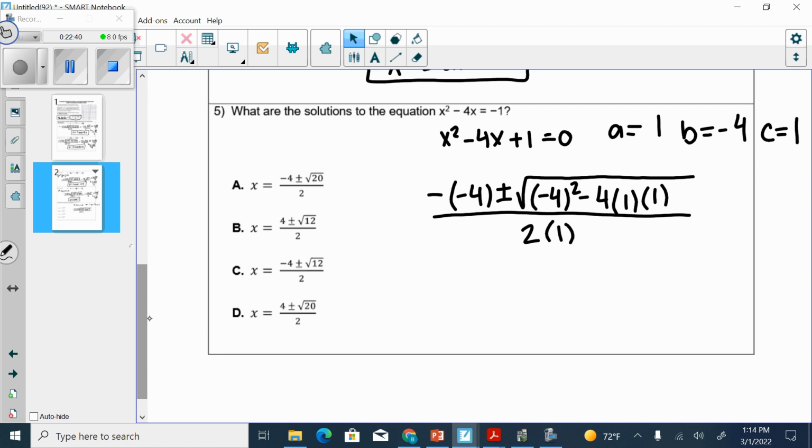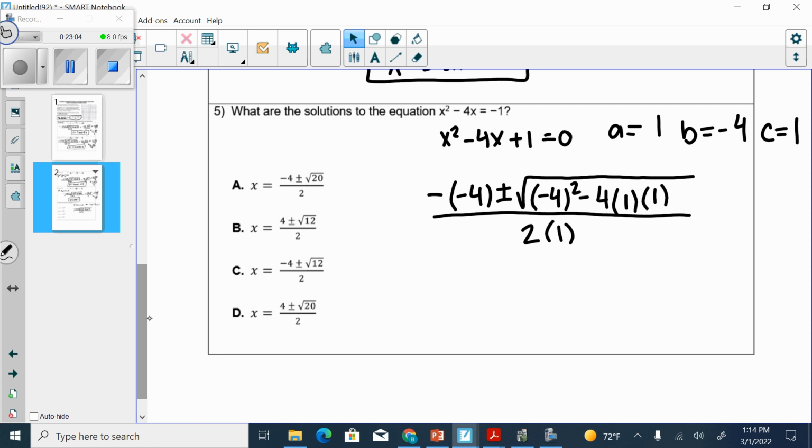Okay, so I need to simplify what's underneath here first. So I got -4 squared minus 4 times 1 times 1. So what's that going to give me? If I type this part in my calculator, what do I get? 4 plus 12. This part becomes 12. Yes, very good.